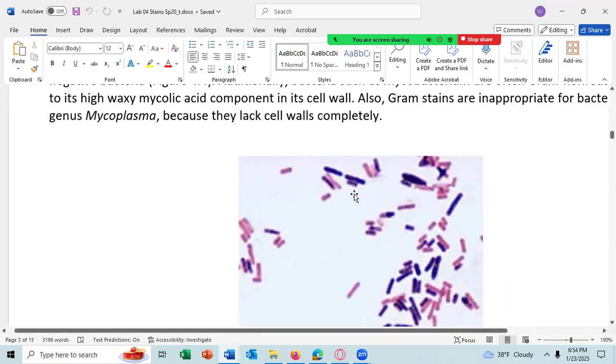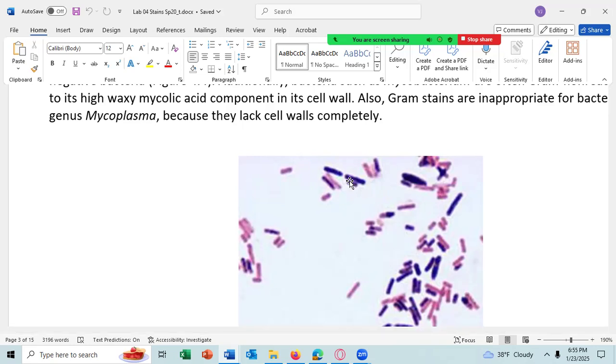On these cells, there's not as clear of a distinction. The reason being is the gram-positive cells, the purple ones, are probably viable cells, and so their cell wall is intact. This cell wall is broken, and that's because that's a dead cell. That cell wall is dead also. And this one looks like a ghost because the cell is decaying.